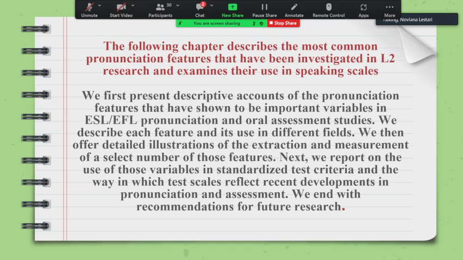We end with recommendations for future research. The suggestions we provide are based on current trends in second language speaking assessment research, but they are tailored to fit the requirements of standardized speaking tests and the capabilities of their raters.